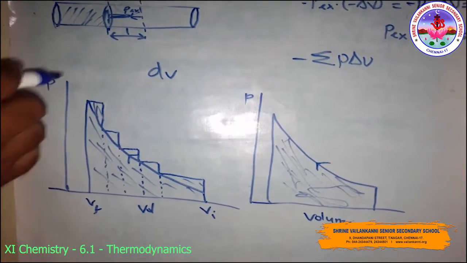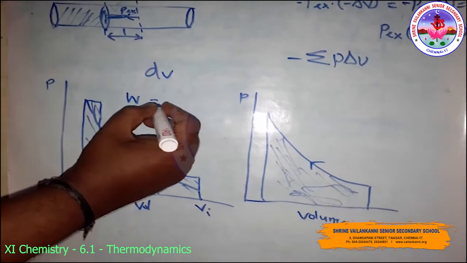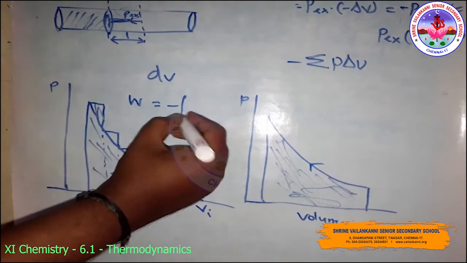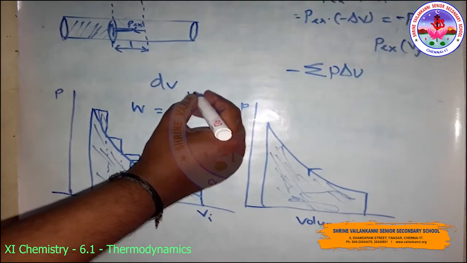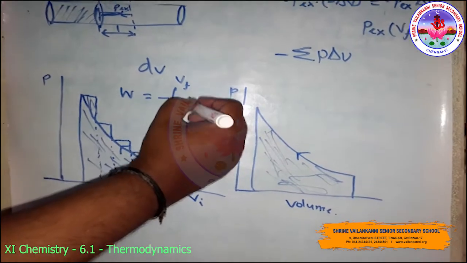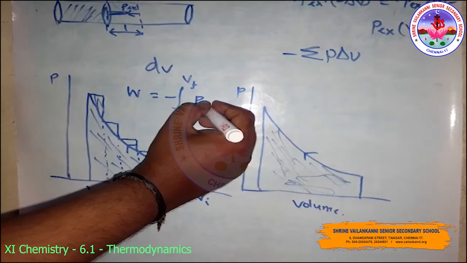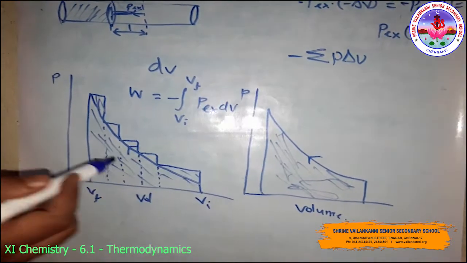In such a case, we can calculate the work done on the gas as W is equal to negative integral from V initial to V final of P external into dV. So this is the mathematical expression.